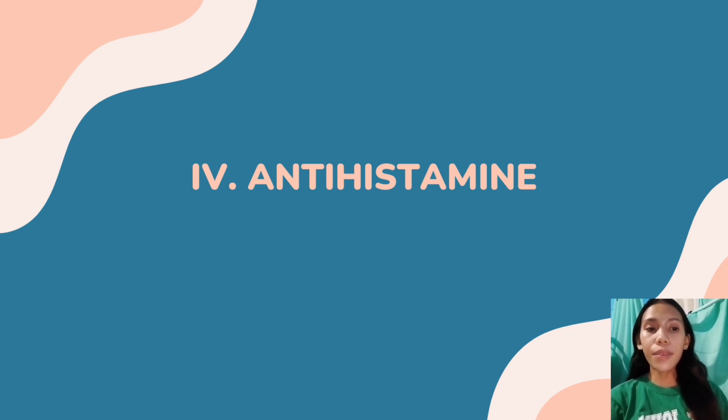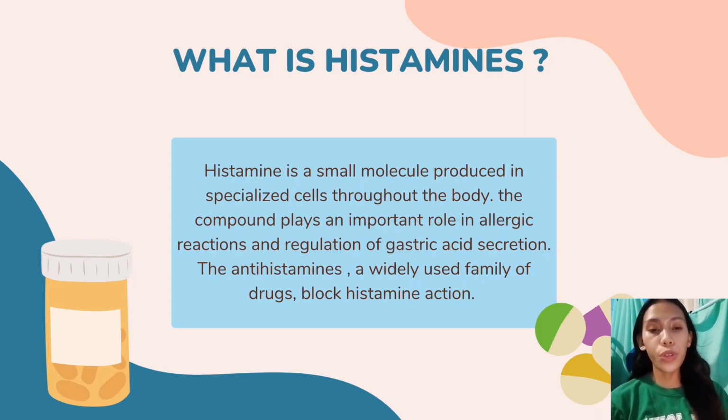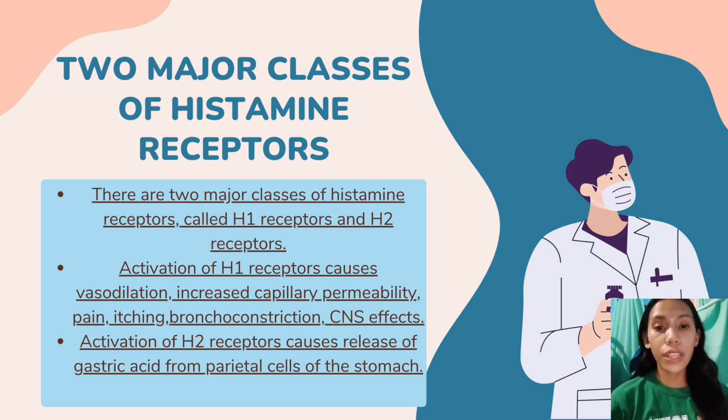Antihistamine. Histamine is a small molecule produced in specialized cells throughout the body. The compound plays an important role in allergic reactions and regulation of gastric acid secretion. Antihistamines, a widely used family of drugs, block histamine action. There are two major classes of histamine receptors: the H1 receptor and the H2 receptor.